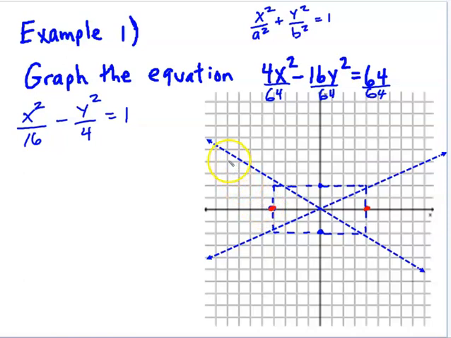So I'm going to use the red dot and those asymptote lines, and technically I should be getting closer and closer to those asymptotes the further away I get from the vertex. I'm not going to grade you on your artistic ability, but sometimes I get people that will draw a hyperbola and they'll just do something like this.